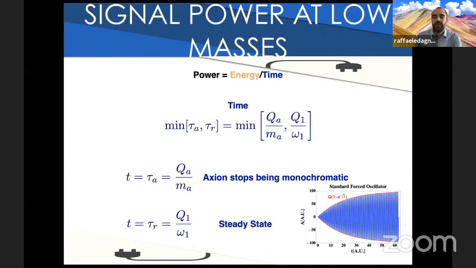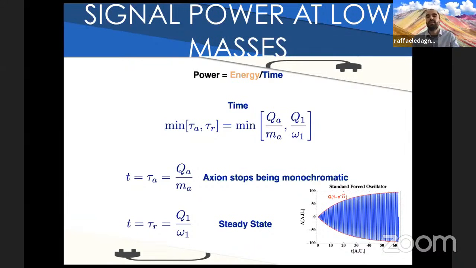The second one is that there are two time scales in the experiment. There is the axion coherence time, so this axion quality factor of 10 to the 6, given by the velocity dispersion in the galaxy over the axion mass. And then there is a characteristic timescale associated with dissipation in the resonator. So at some point, after a time Q over omega, you stop increasing signal power.